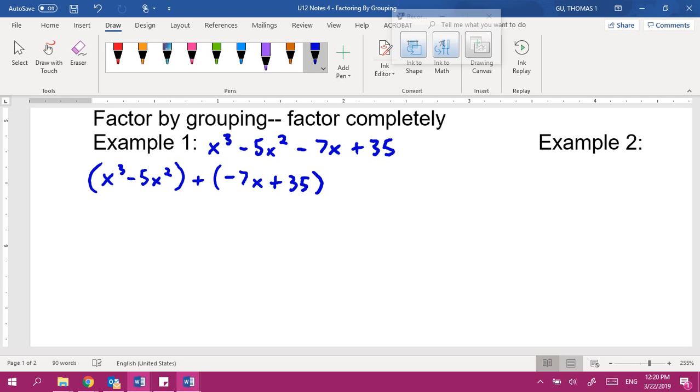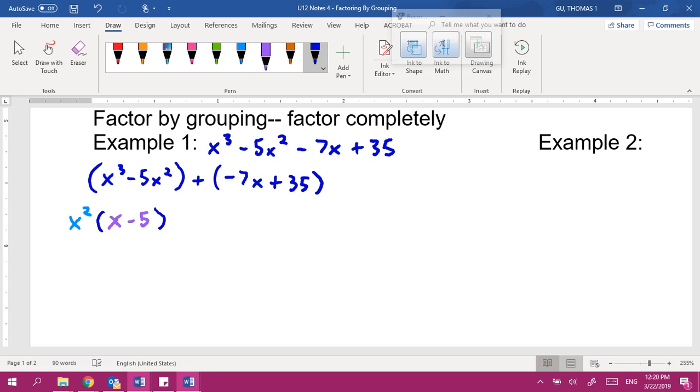What do I do after I group my terms? Factor out the GCF. So what is the GCF in the first group? X squared, right. If I factor out x squared, what's left? X minus 5, that's right.